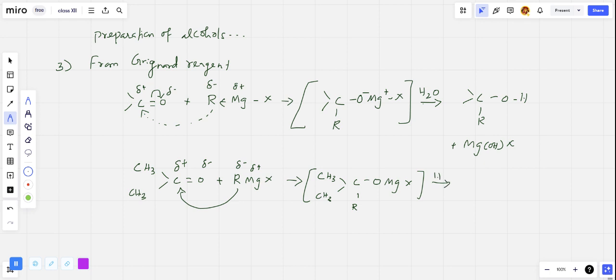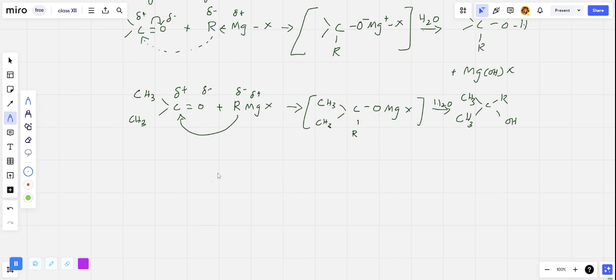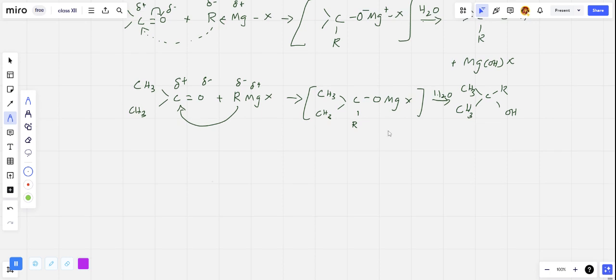On hydrolysis of this one, it will give an alcohol, a tertiary alcohol: CH3, CH3, R and OH. So we'll get a tertiary alcohol. So this is what we get from Grignard reagent. We will get an alcohol. This is the overall reaction.